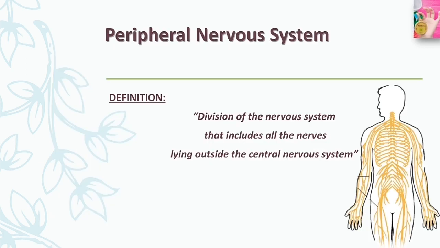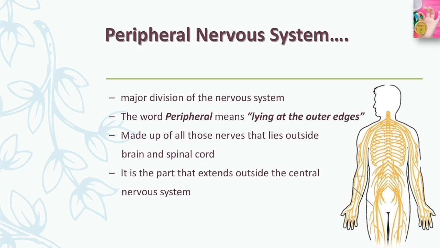Now, let's start with the proper definition of the peripheral nervous system. Basically, the peripheral nervous system is the division of the nervous system that includes all the nerves lying outside the central nervous system. It is the other major division of your nervous system.